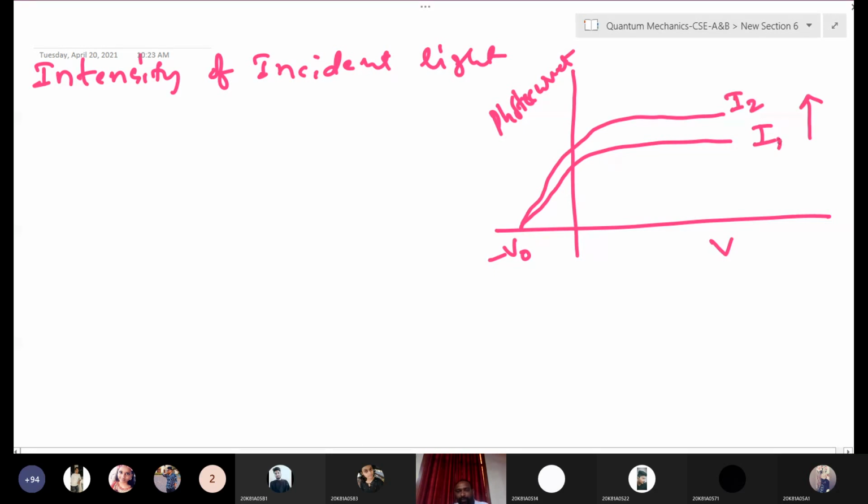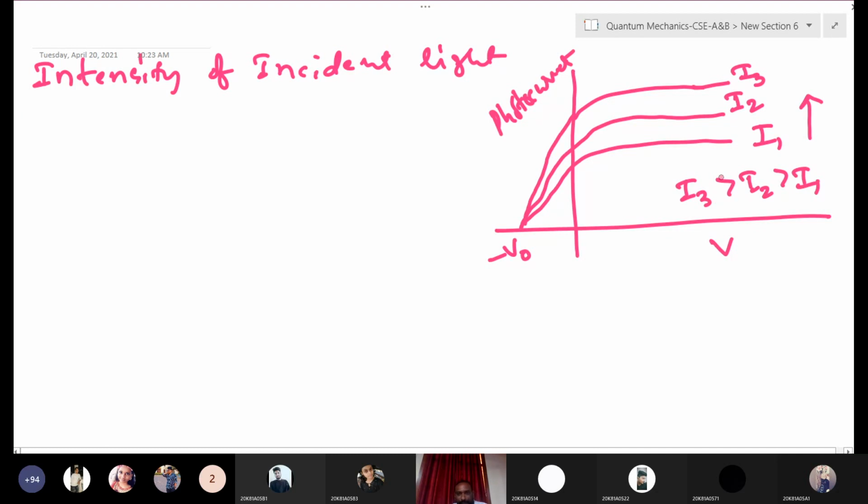First we incident light of intensity I1, then we increase the intensity to I2, and then increase it again. The photo current is increased, but the stopping potential does not change with the intensity of light. Here I3 is greater than I2, which is greater than I1.